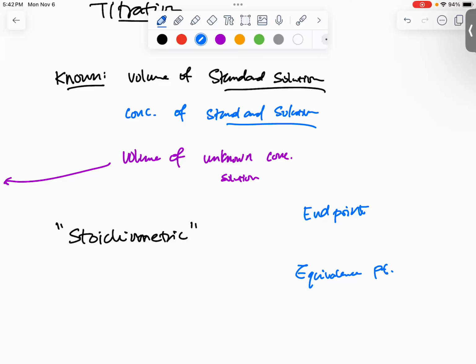When we talk about acid-base titration, we use the indicator phenolphthalein, and that's what you did in Chem 1, the one that turns pink. So we would stop the titration when it turns pink. That's called the endpoint. What is the relationship to the equivalence point?